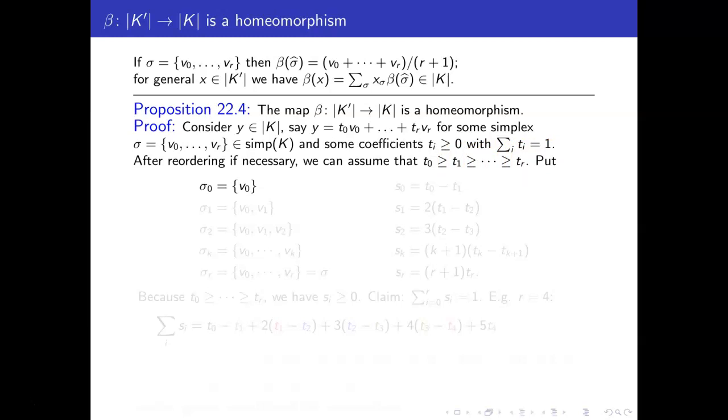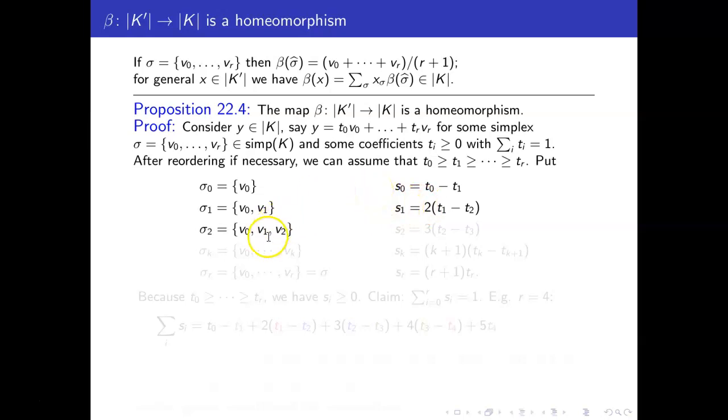Okay. So now we're going to define sigma 0 to just be the vertex v0 and s0 to be t0 minus t1. Notice that because these are in decreasing order, this s0 is greater than or equal to 0. Then sigma 1 consists of the first two vertices, and s1 is twice the difference, t1 minus t2. Again, because these are in decreasing order, t1 minus t2 is greater than or equal to 0, and so is s1.